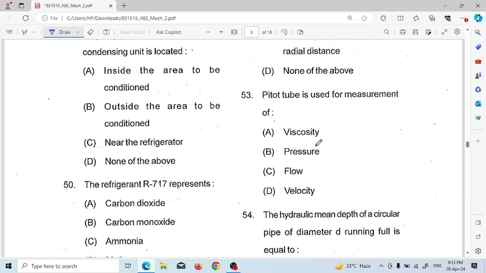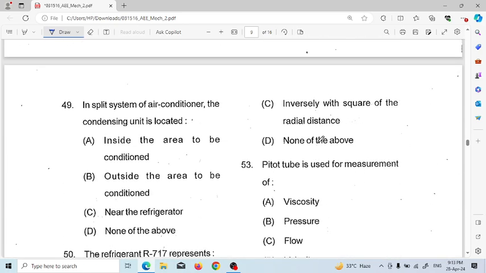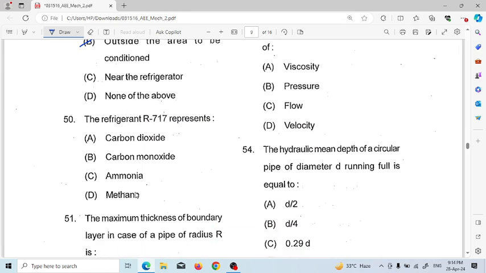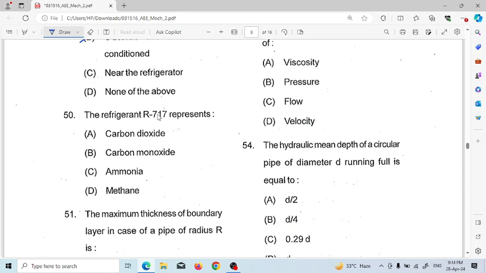Next question number 49. In split system air conditioner, the condensing unit is located outside, the condenser is present outside the area. Next question number 50. Refrigerant R717 represents the R700 series, that means 700 plus the molecular weight.